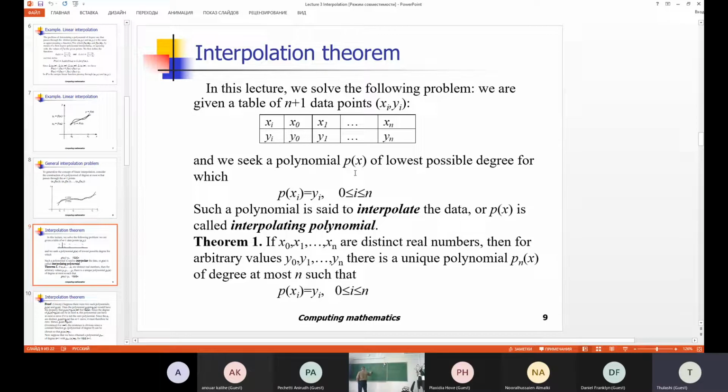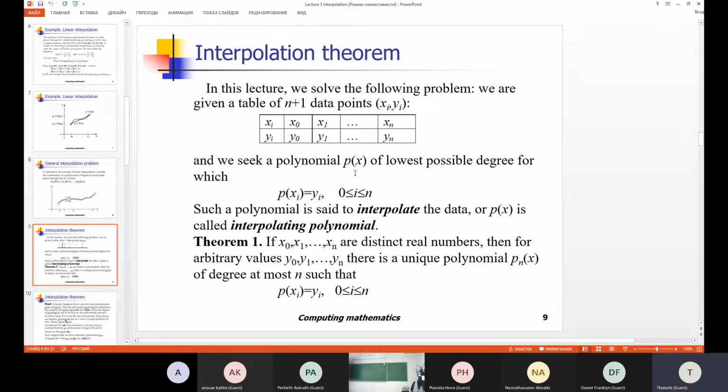Suppose that we have 2 points, x0 and x1, like in the previous case, this point and this point. I told you that there is only one line, only one polynomial of the first degree that passes through these 2 points. But there are a lot of other polynomials that pass through these points.